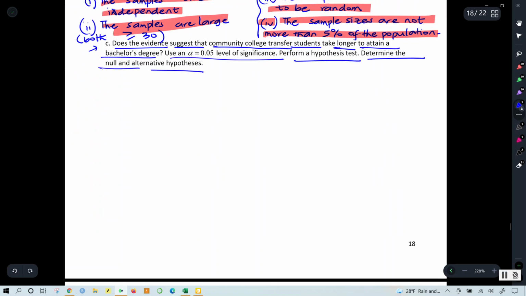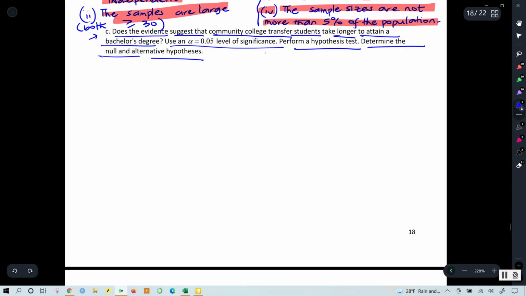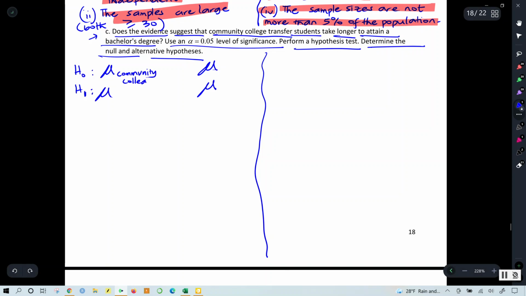The first step is I am going to partition my space here. I would like to set up my null and alternative hypothesis, and I'm comparing the means of two populations. I am interested in those who attended community college. I'm not going to write the same, I'm just going to shorthand it here.